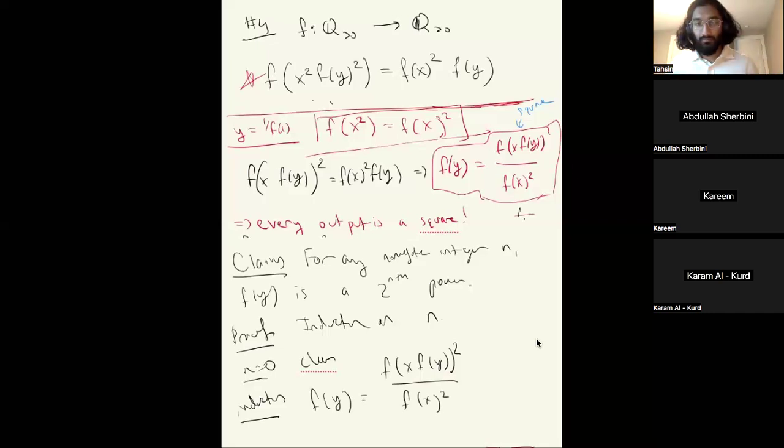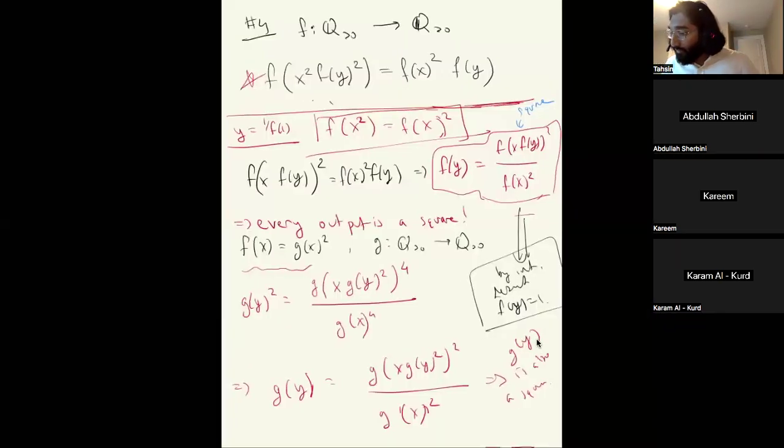Would it not be enough to just say that g is the same as f, and hence instead of doing this whole induction thing? Well, you still need to show that g is always 1, right? Am I missing something? No, I mean, since g is the same as f, we can also... Why is g the same as f? Another function in a sense.